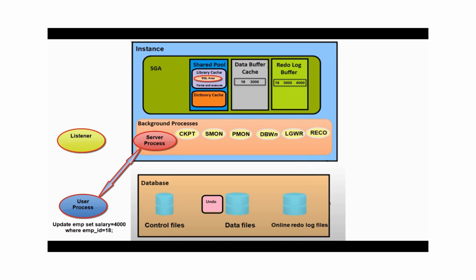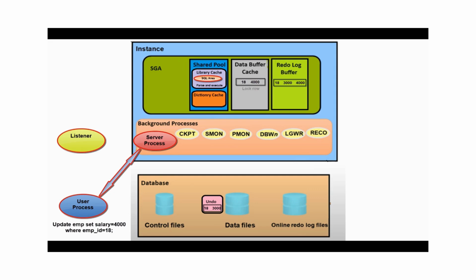We will talk later about the undo tablespace, but you should know here that the undo is a place where the old data is saved before modifying it until the modifications are committed. So the value 3,000 is saved in the undo. After that, the salary value in the buffer cache is modified from 3,000 to 4,000. The server process sends a message to the user that the modification has been made.